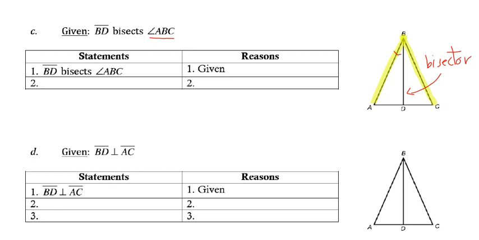This angle is going to be equal to this angle. If we're bisecting an angle, the result should be angles. So BD is the bisector of angle ABC.